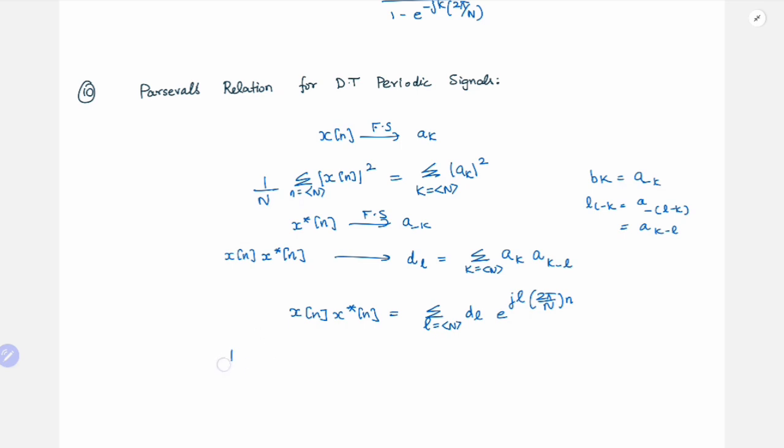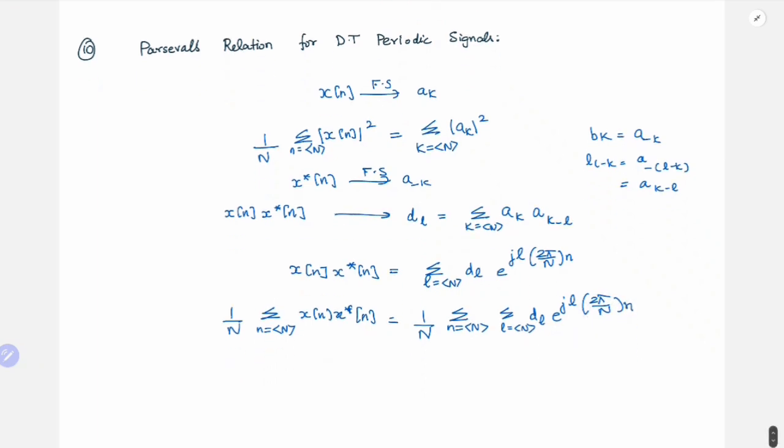So I do summation 1 over N, summation n equal to N, of x of n, x star of n. On this side also it will be the same: 1 over N summation n in N, and summation over l in N of dl e power jl 2 pi over N into n. The left hand side I have got what is required, the right hand side I have to simplify. So this is |x of n|^2.